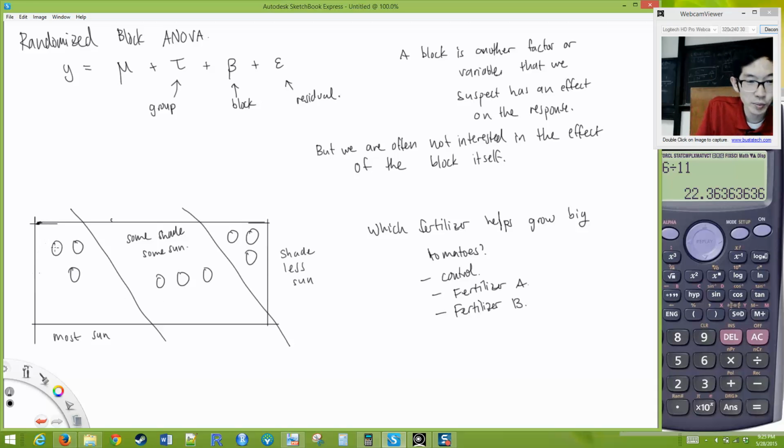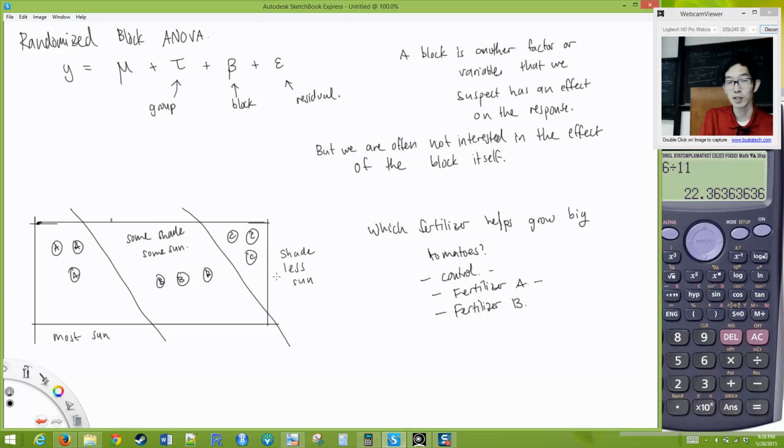Because if at the end of the study you see that the plants with fertilizer A grew the most and the control group grew the least, you would not know if fertilizer A grew the most because they got the most sun, or because fertilizer A was the most effective.